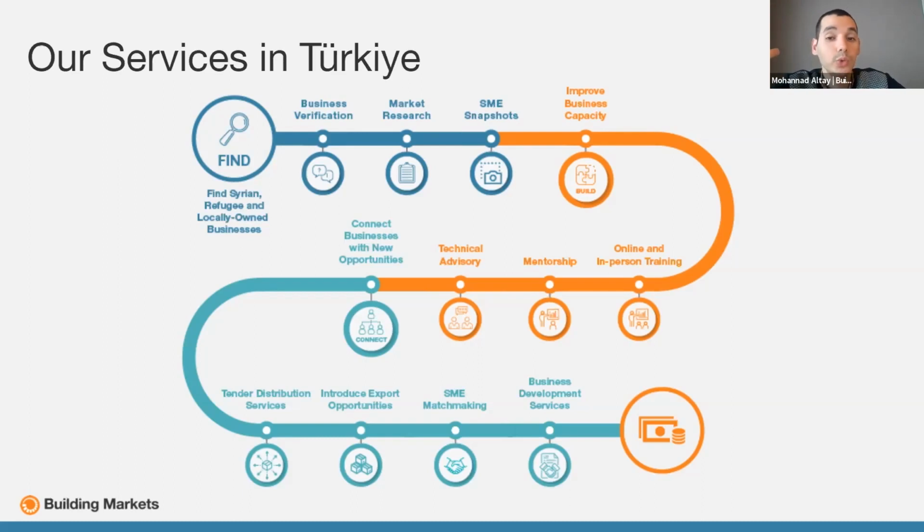And this is what we do under the Connect pillar. Here we connect them with business opportunities. We connect them with the tenders in the market, with local buyers, I mean local private sector buyers, or private sector buyers from international markets.